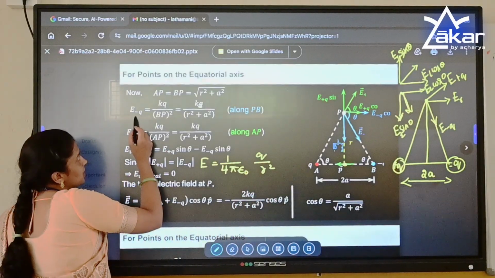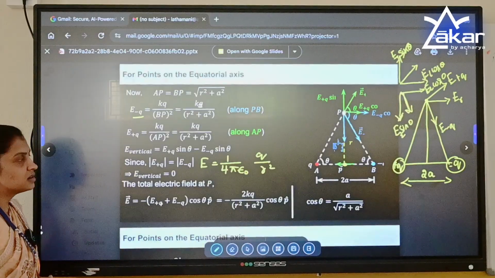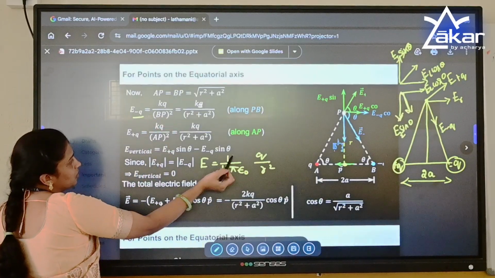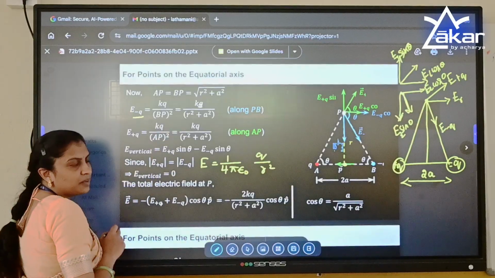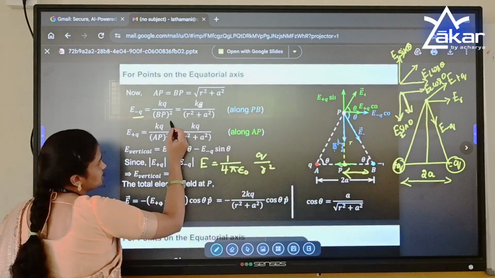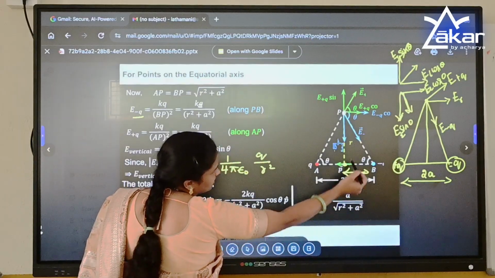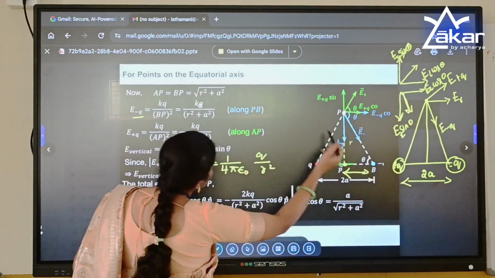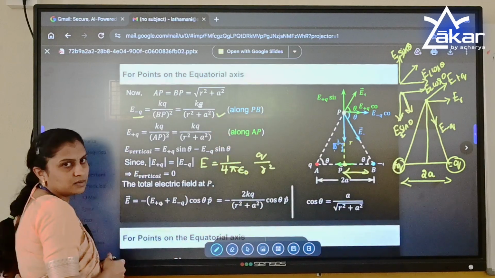That is the electric field due to negative charge. That is K, meaning 1 by 4 pi epsilon naught, KQ divided by BP whole square. This distance is r, this distance is a. So I can take this as r plus a whole square.